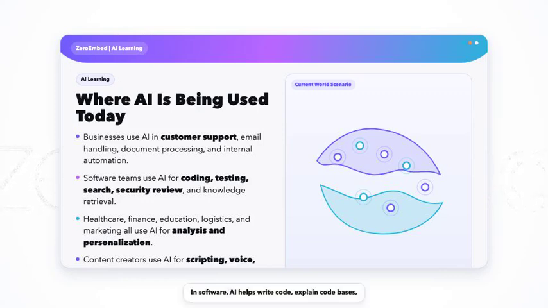In software, AI helps write code, explain codebases, generate tests, review pull requests, and speed up debugging. In healthcare and finance, it assists with pattern detection, prioritization, forecasting, and risk analysis. In education, it supports tutoring and content adaptation. And in media, it powers search, translation, summaries, voiceovers, video generation, and content production pipelines.